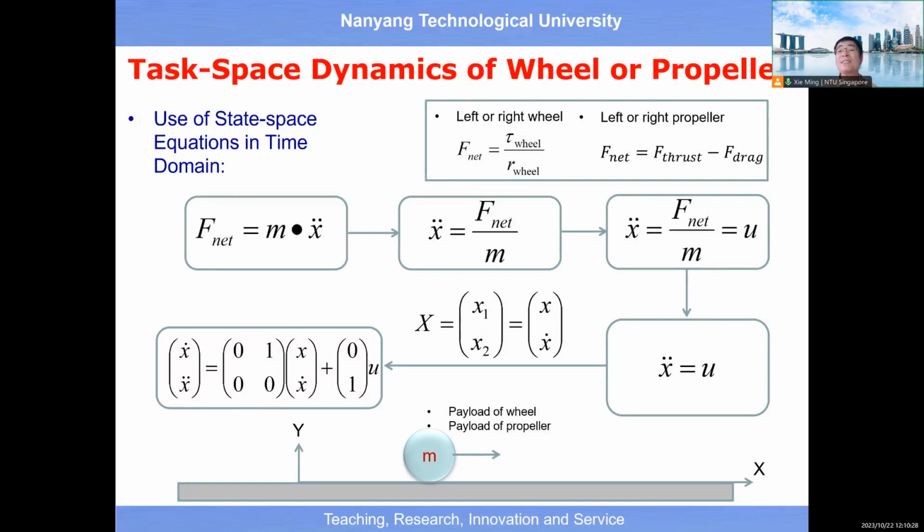So that means behind x double dot, there must be x and x dot. If we put x and x dot into a vector, now you understand this concept of state vector and state space, right? So we have x and x dot, we call it a state vector. And all the values of a state vector will create the state space, right?